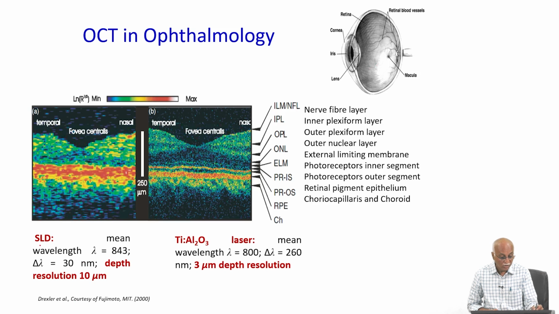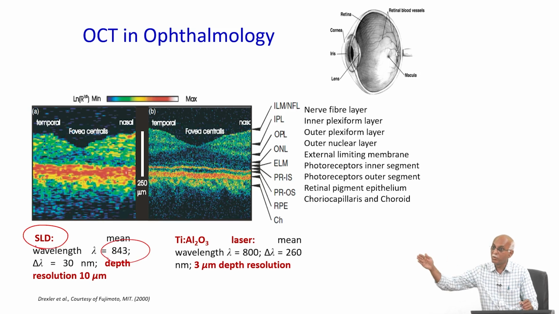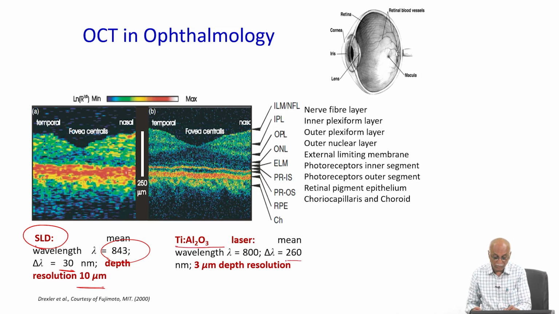If I am using a superluminescent diode with a wavelength around 800 nanometer, because it can easily penetrate through the lens and without much loss goes up to the retina, and if the spectral width is 30 nanometer, I can achieve a layer by layer thickness resolution of the retinal structure of the order of 10 micrometer. But if I use a titanium sapphire laser, which is broadband, with a very wide spectral width, I can achieve 3 micrometer. So, as small as 3 micrometer, but of course, the cost associated with it is tremendous.